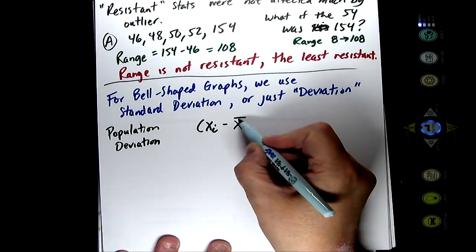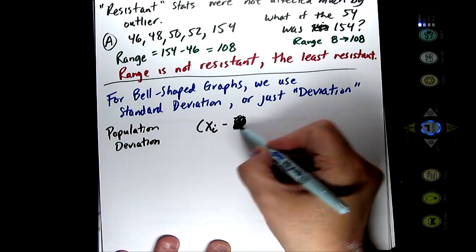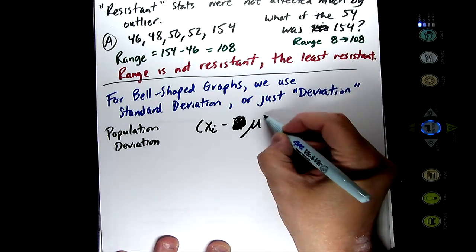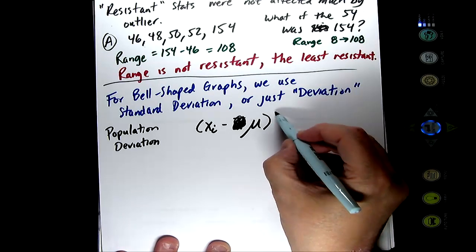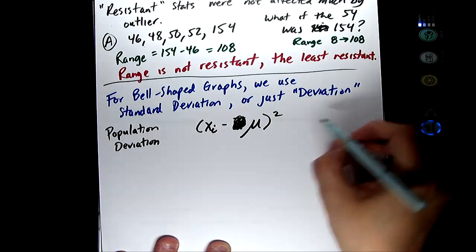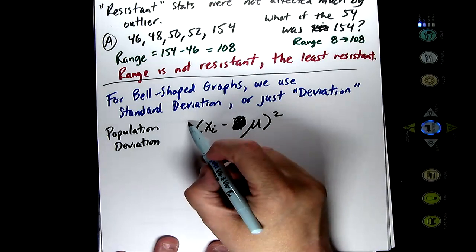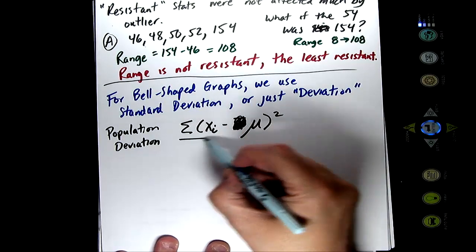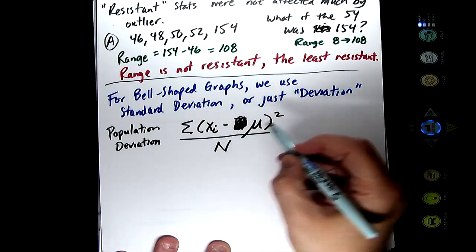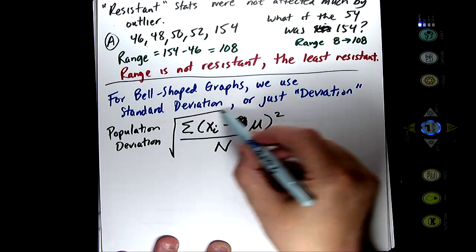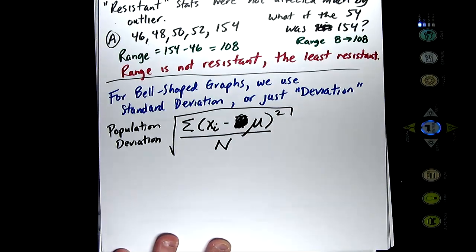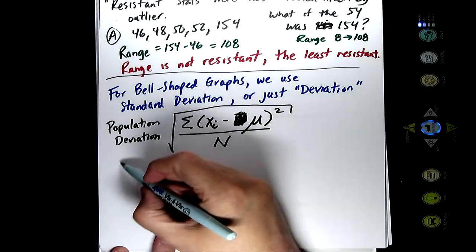And we're going to subtract the mean, which is mu, and we're going to square it. Then we're going to add those up. Then we're going to divide by the population size. And then we're going to take the square root. Right? It's a lot.